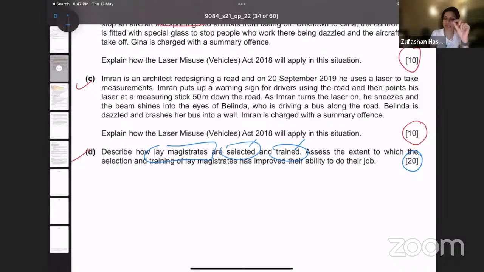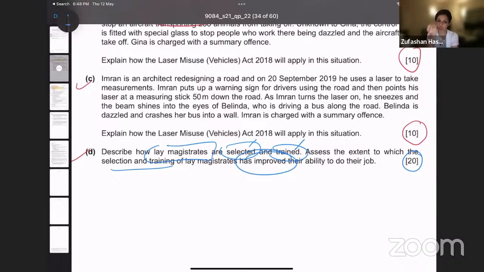And then they ask you to assess the extent to which selection and training has improved or not their ability to do their job, right? So are they being given the tools to do a good job or a bad job? That's the assessment, the pros and cons, the good and bad. So in this question, if you give a general strength and weakness of magistrates, you will not get enough marks.